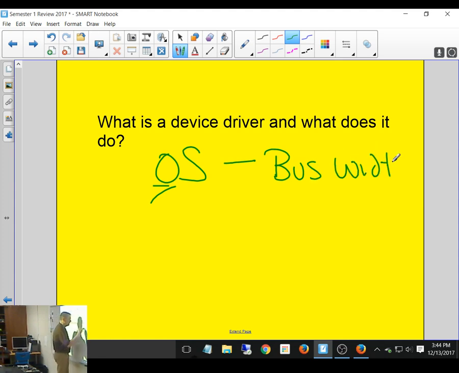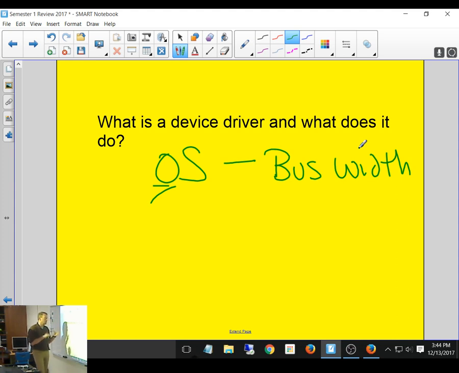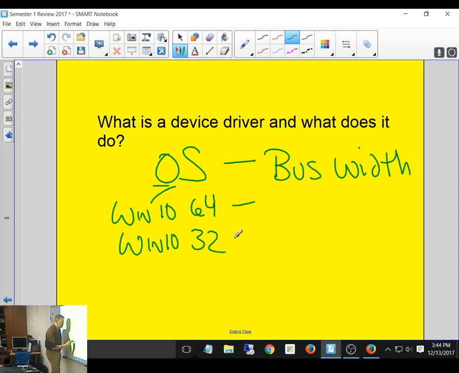So if you have Windows 10 64-bit, which all our juniors and seniors have now, the freshmen and sophomores still have, or most of them have, Windows 10 32-bit. Those require completely different drivers for a 32-bit operating system versus a 64.